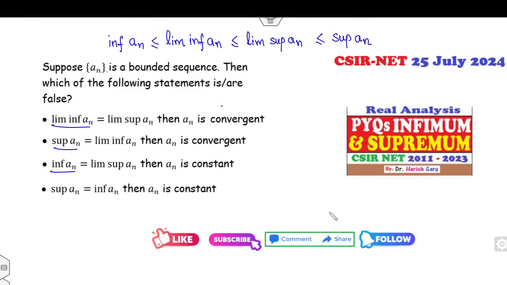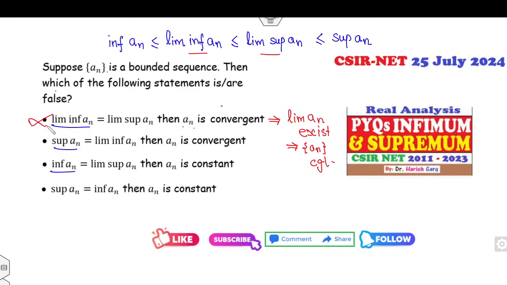Now, if the limit infimum and limit supremum are the same, that means the limit of an exists, and once the limit of an exists, the sequence an is convergent. So yes, this option is correct, but we need a false statement.